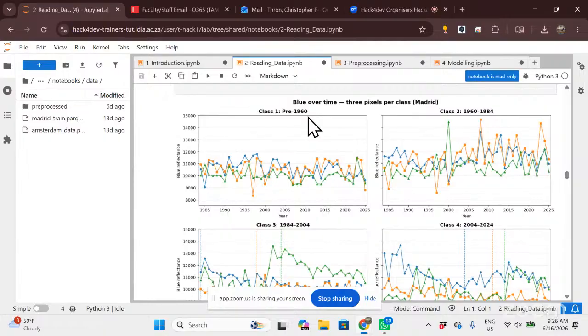They all have a similar range. They're not identical, but they have similar variation, similar range. These are 3 pixels from class 2. Now, you do need to be very careful when looking at data like this, because your eyes can see patterns.